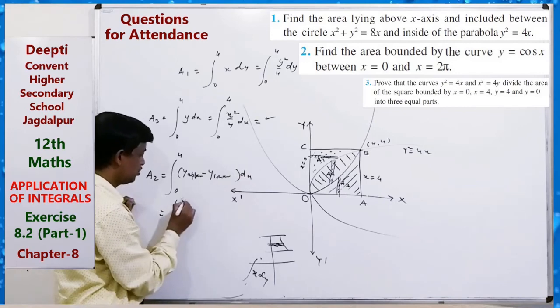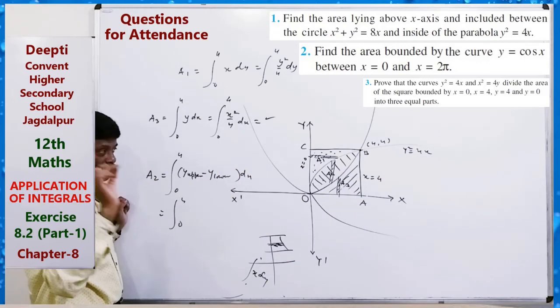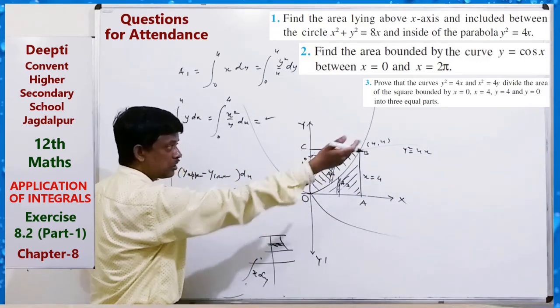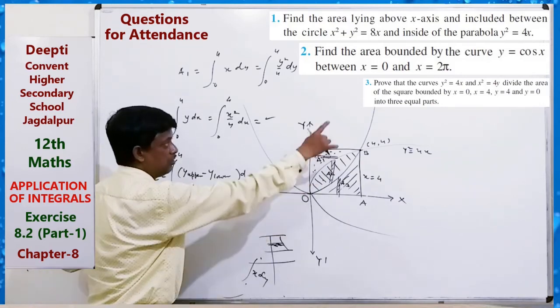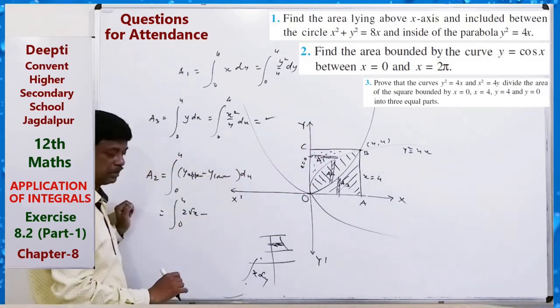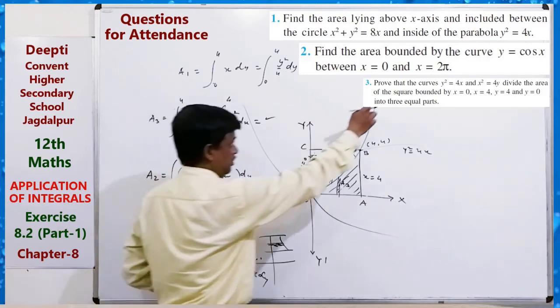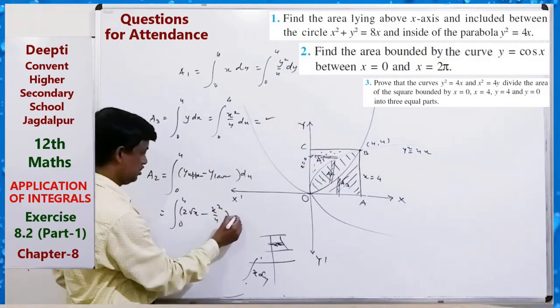Upper means this here, the positive value of y, 2 root x, minus the lower value of y, x square by 4, dx.